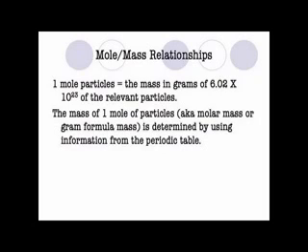So a statement that we're going to make is this, that 1 mole of particles is equal to the mass in grams of 6.02 times 10 to the 23rd of the relevant particles. Now the mass of 1 mole of particles, and we will refer to this as both molar mass or gram formula mass, is determined by using the information that's found on your periodic table.